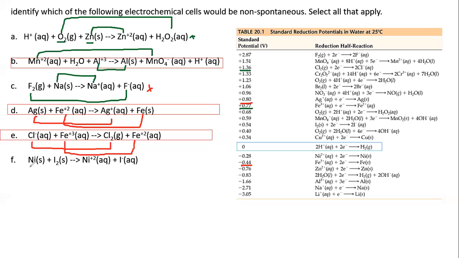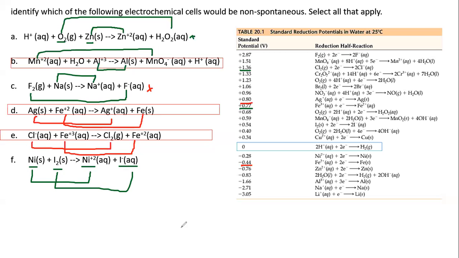Lastly, we have nickel plus I2 gives us nickel 2 plus and iodide. So again, you see nickel is oxidized, I2 is reduced. So if the reduction potential of nickel 2 plus is greater than that of I2, this would be a non-spontaneous reaction.